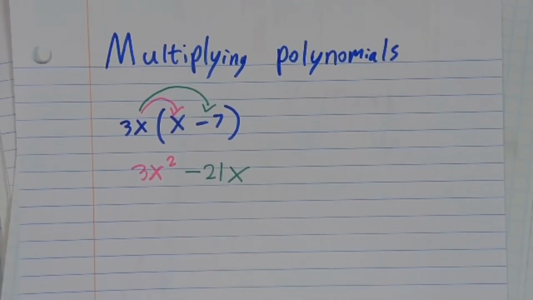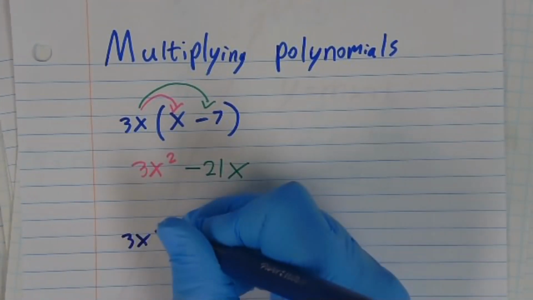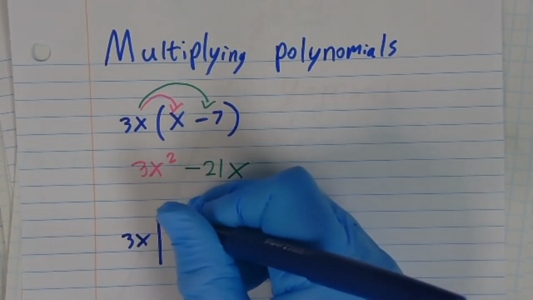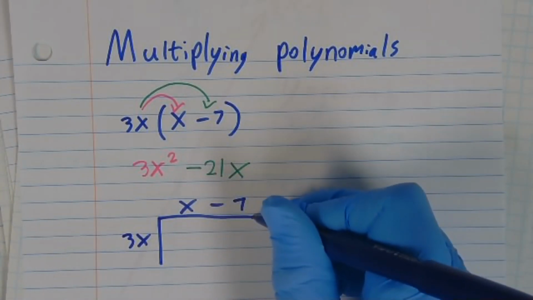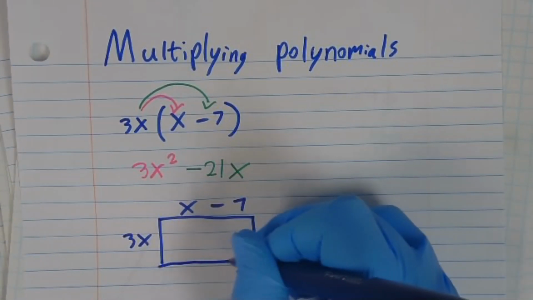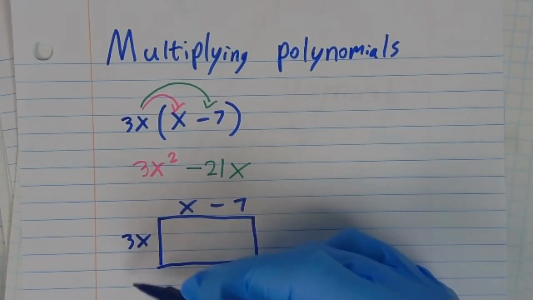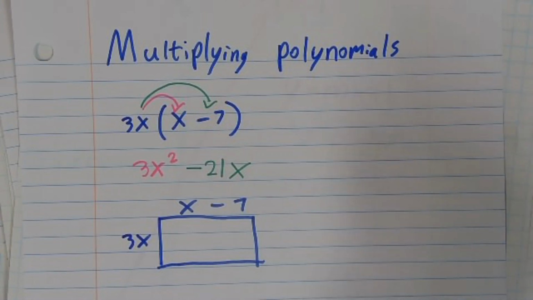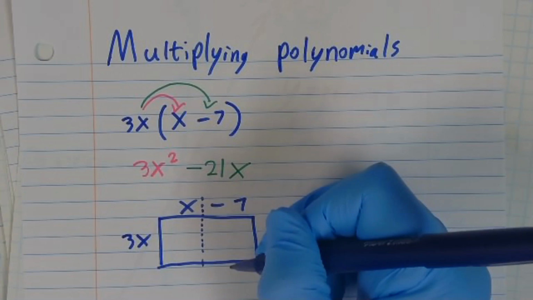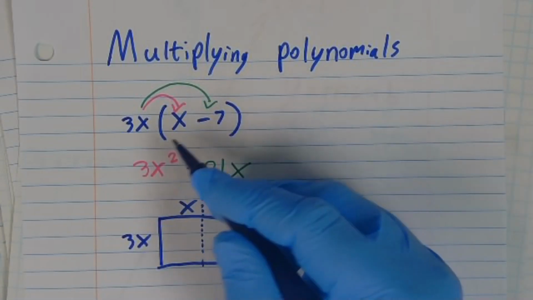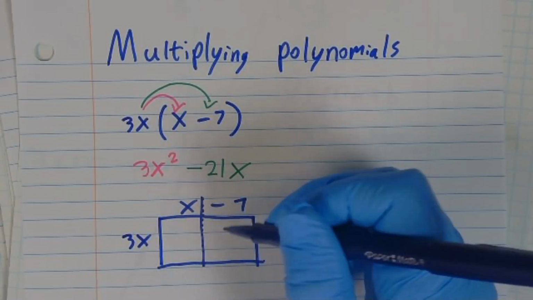So if I think of myself as having a rectangle with a side length of 3x here, and a side length of x minus 7 here, then the area of this rectangle is the same as the answer to this multiplication problem. And I can break it into some smaller rectangles. I break it up at the terms. Since this has two terms, I break it into x and minus 7, because those are my terms.